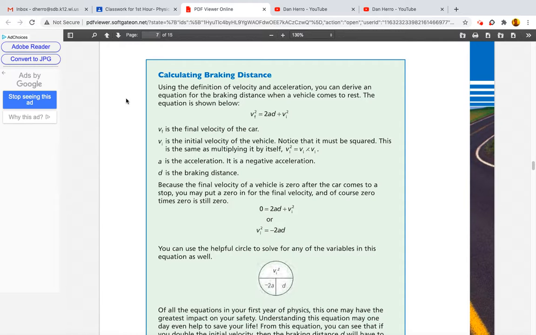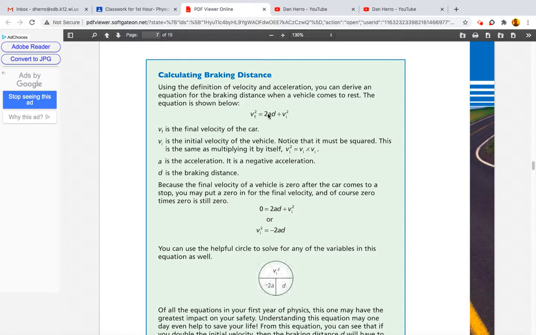Calculating braking distance. Using the definition of velocity and acceleration, you can derive an equation for the braking distance when a vehicle comes to rest. The equation is shown below. You have the final velocity of the car squared equals 2 times acceleration times braking distance plus initial velocity squared.